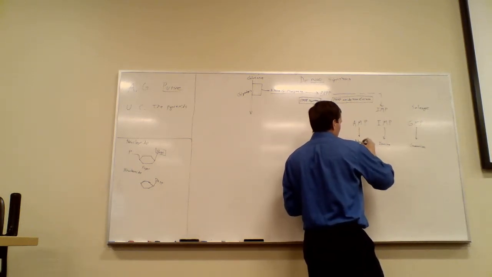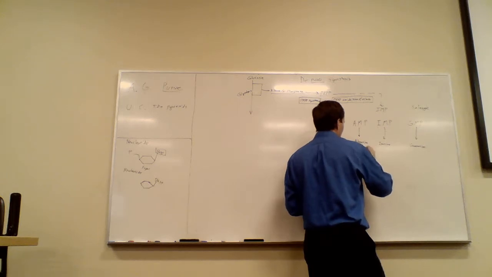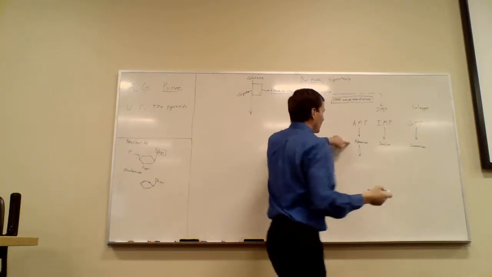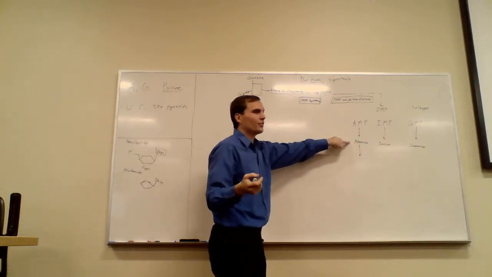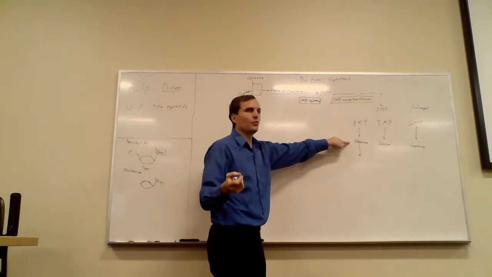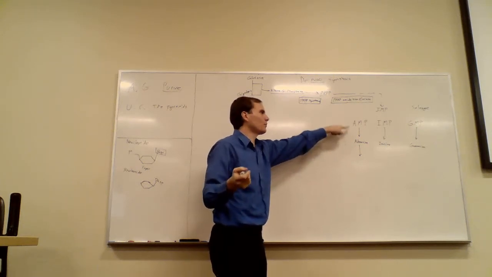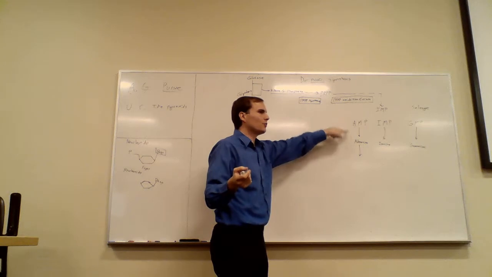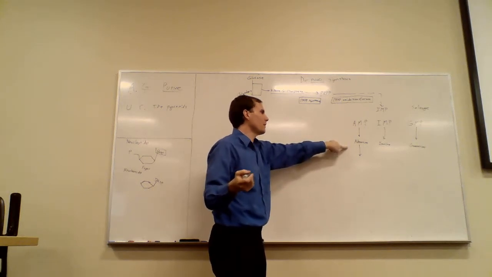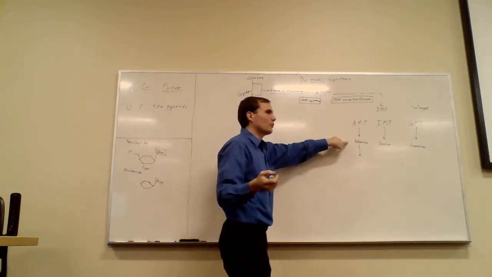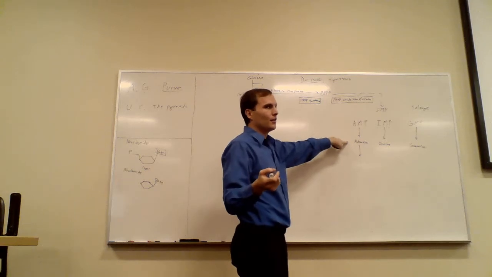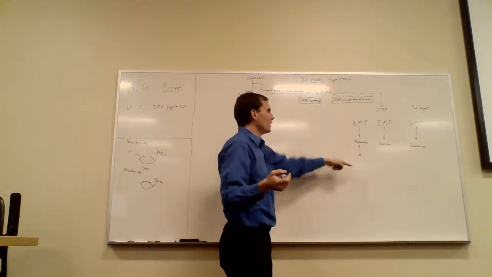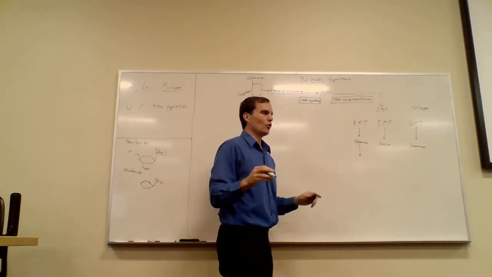Okay? Now, going down one further, so right now these are nucleosides, right? No phosphate. That's all we did. We went from nucleotide to nucleoside. No phosphate. Now we're going to go from nucleoside down to just the base. The base.